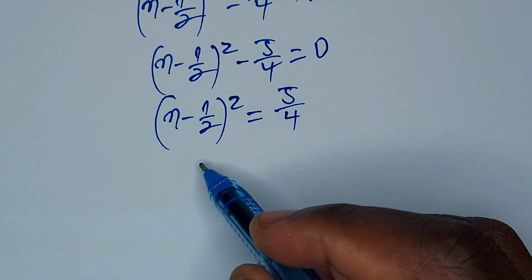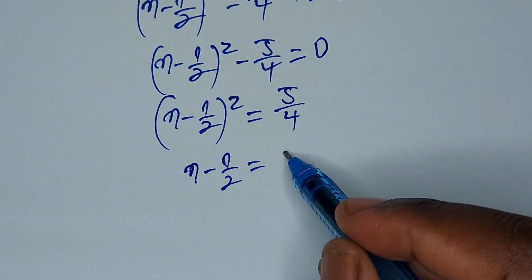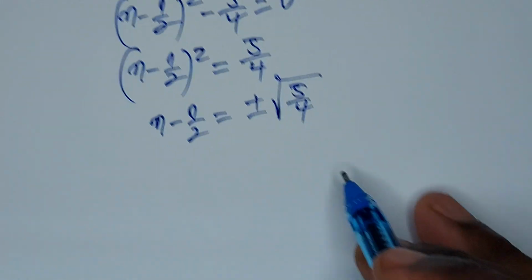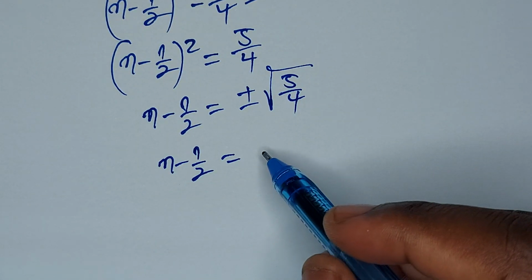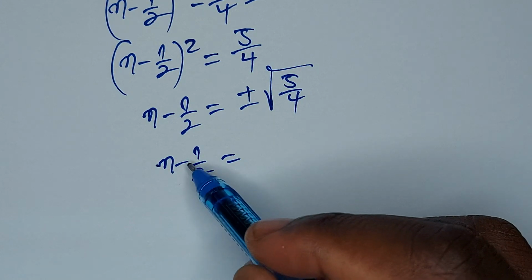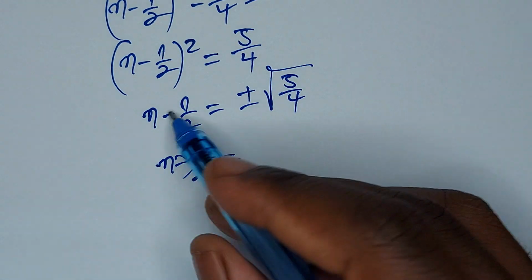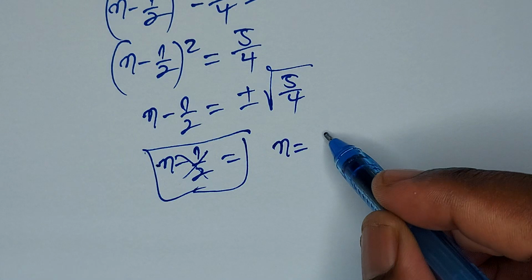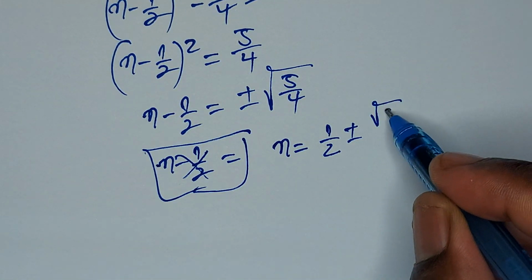So guys, n minus a half is going to be plus or minus the square root of 5 over 4. In this case, this goes here: positive a half plus or minus the square root of 5.